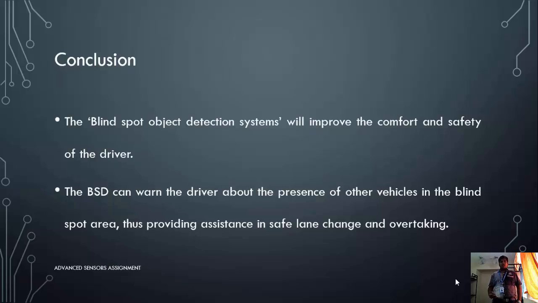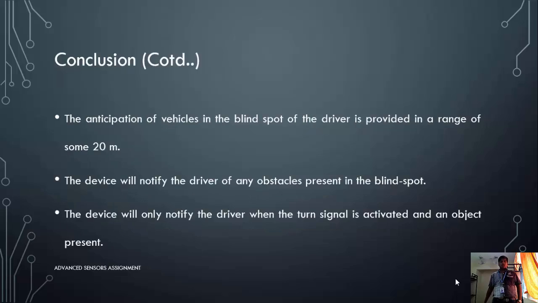And it does not activate any action without the driver. It just indicates to the driver. The anticipation of vehicles in the blind spot of the driver is provided in a range of some 20 meters.